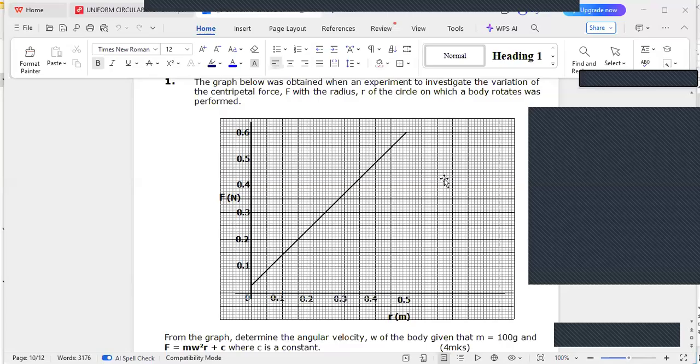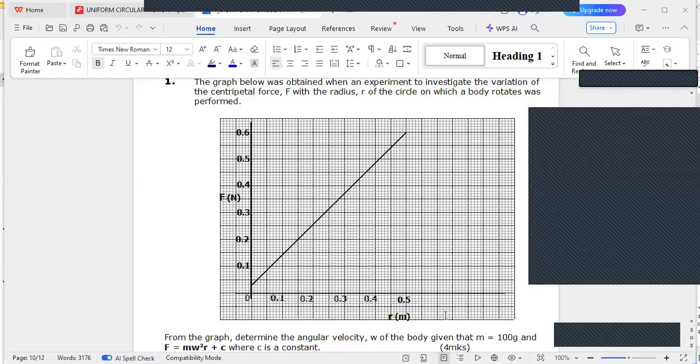The reason why I'm canceling is I want to know what is representing the slope in this equation that I've been given. So y equals mx plus c. I know y represents the quantity on the y-axis or vertical axis, and x represents the quantity on the horizontal axis, which is radius in this case.